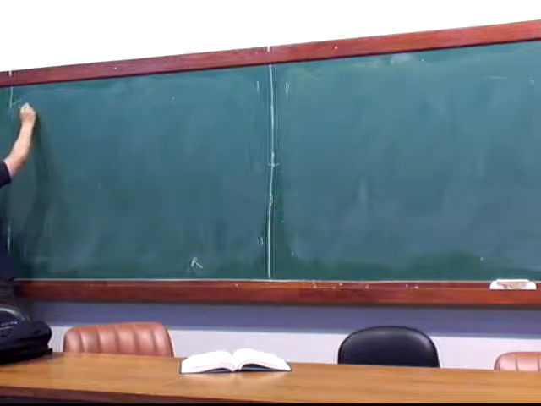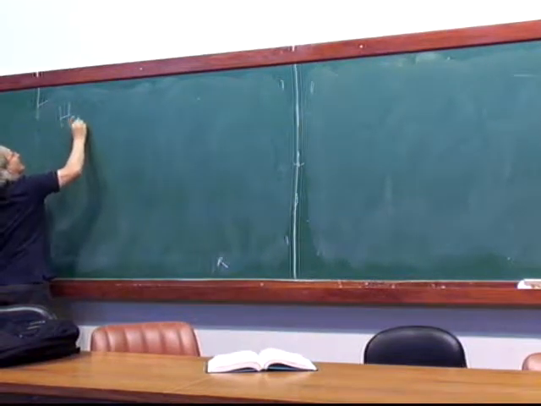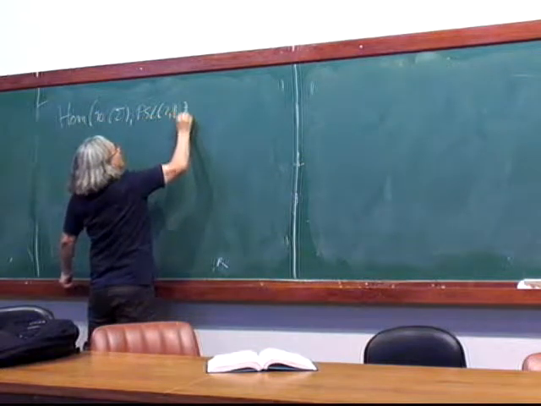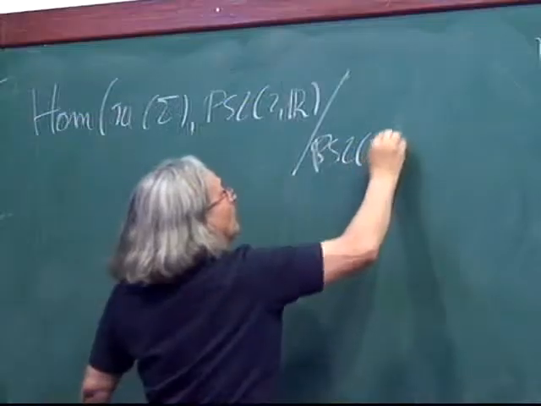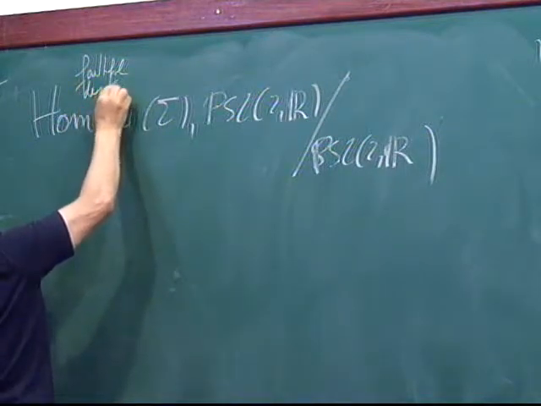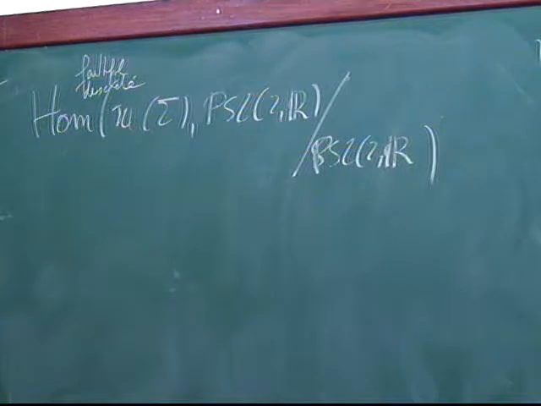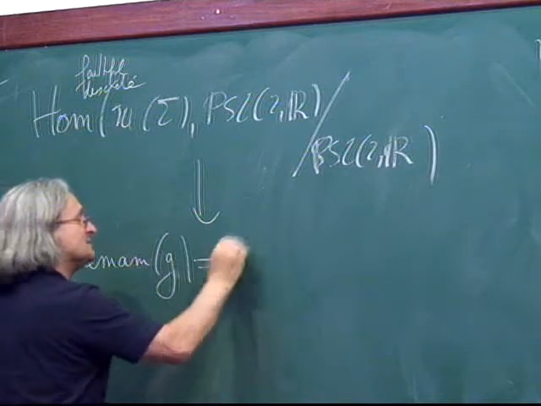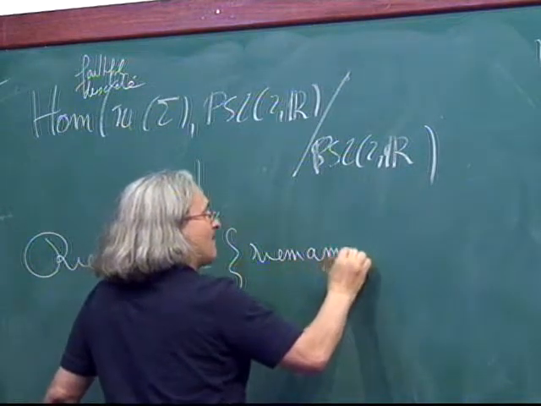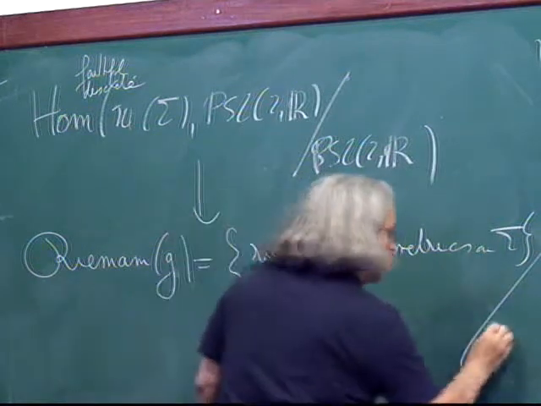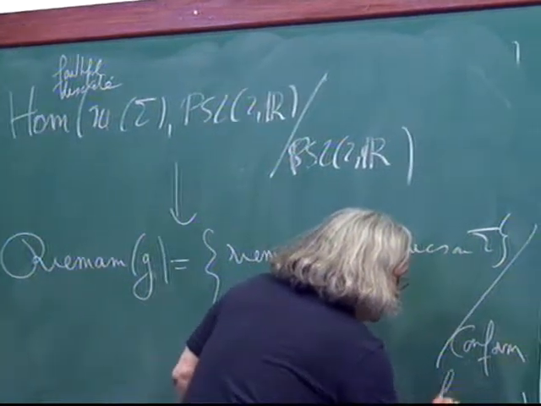I want to show that the map from faithful, discrete representations, and I told you this is a connected component of some algebraic variety, so it's a smooth manifold, goes to what I call Riemann G, which is the space of Riemannian metrics on the surface modulo conformal, homotopic to identity.